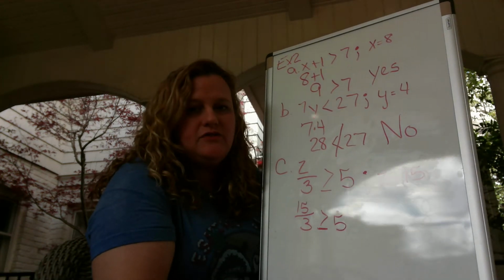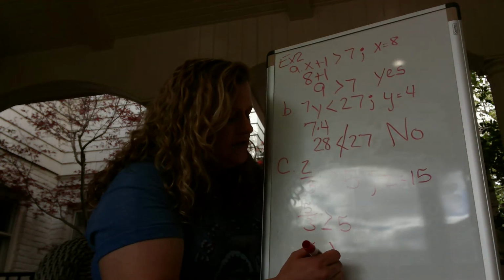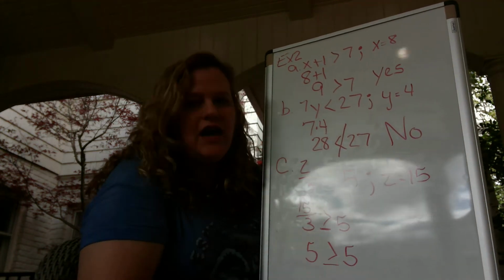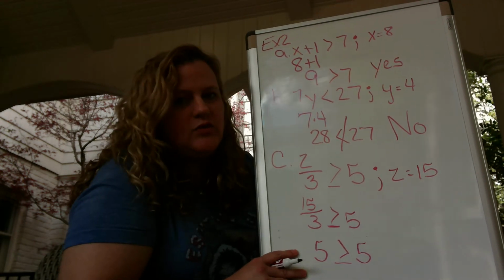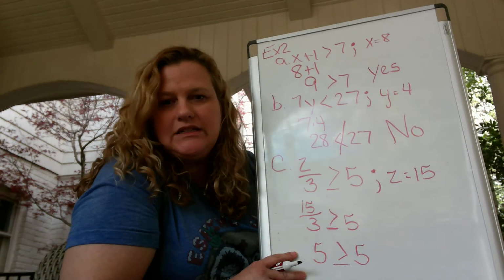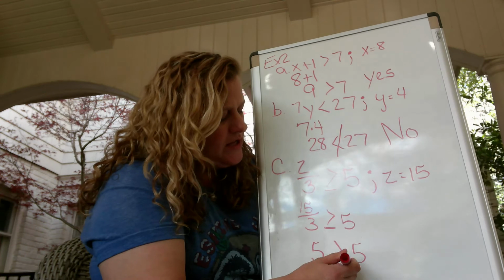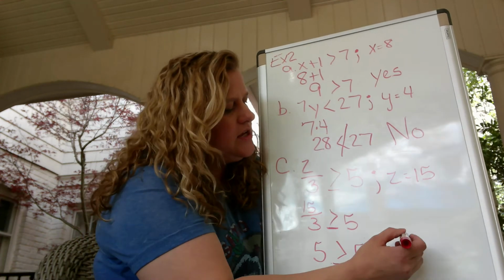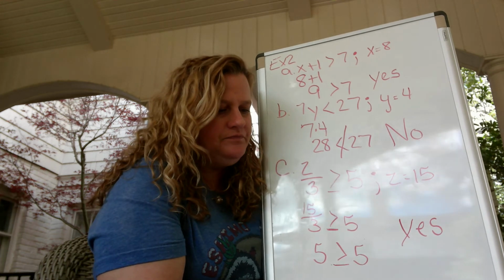Well, 15 divided by 3 is indeed 5, and 5 is greater than or equal to 5. So because of that equal to, this is a possible solution. If we did not have the equals to, it would not work. But because we do, and these are equal, yes, this is a possible solution.